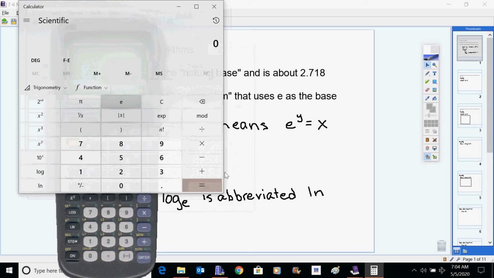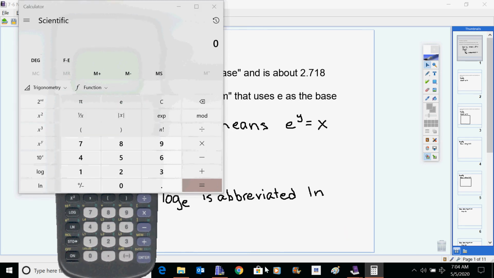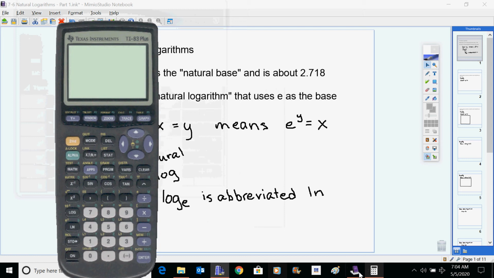We also have an e on there, so I'm going to give you a little instruction on using either calculator so everybody can handle this regardless of what you have in your hand. A natural logarithm is also found on your phone calculator. If you go to scientific mode, these parts should be on that as well.